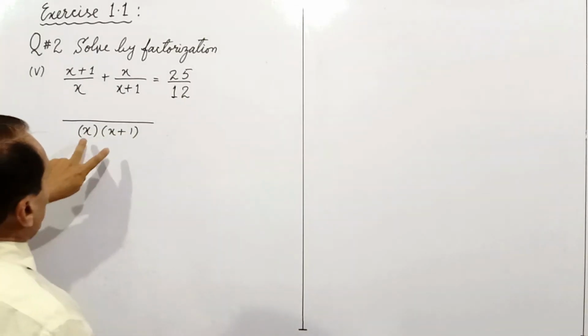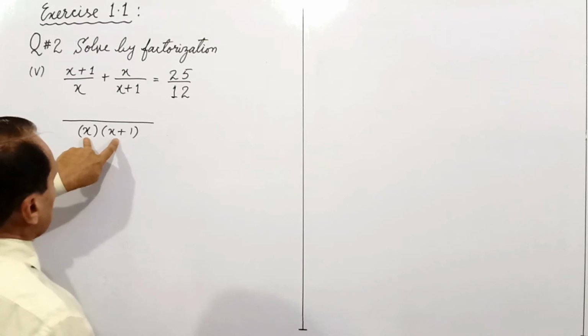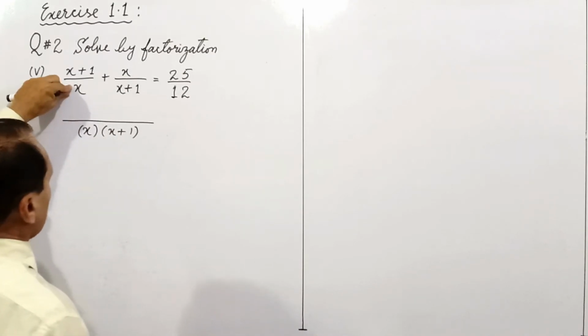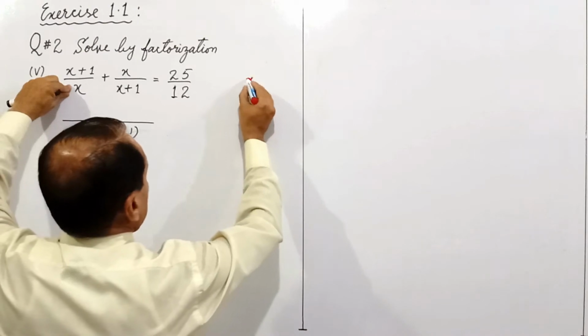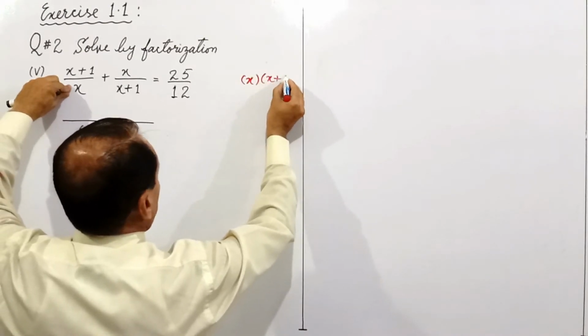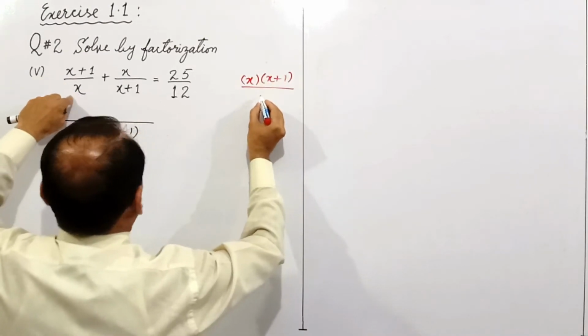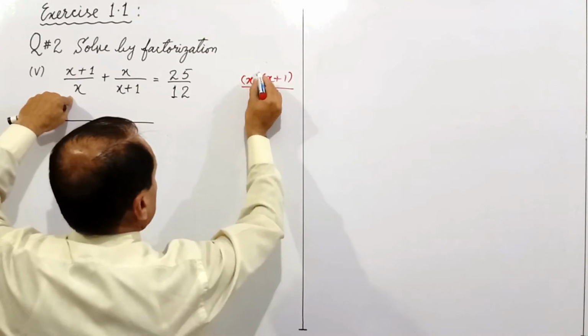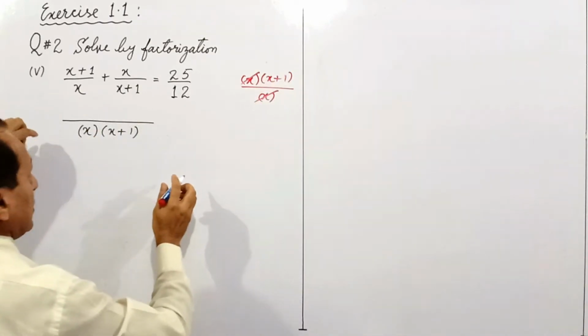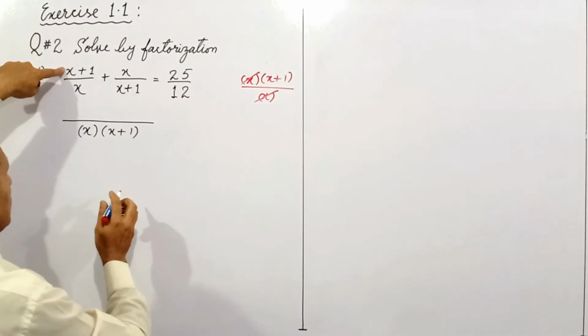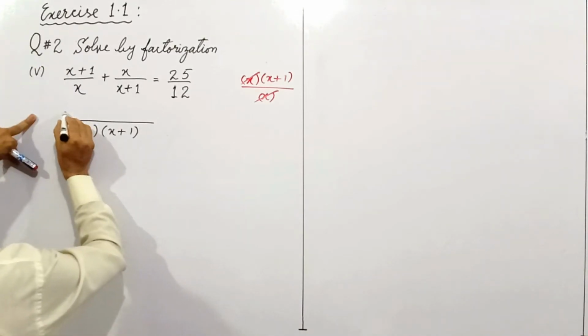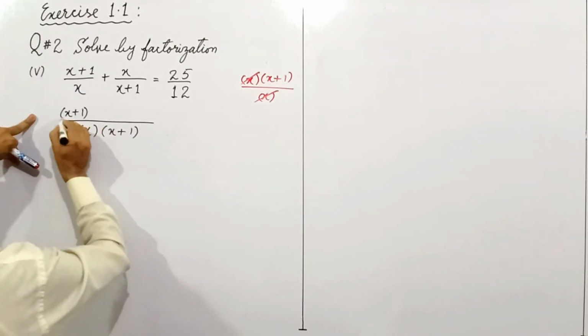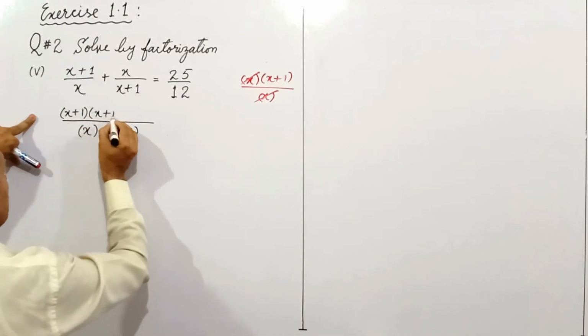As we know, in the process of LCM, we divide the LCM by the first denominator. In the first case, x into x plus 1 divided by x. So x is cancelled by x and x plus 1 is the quotient, which is multiplied to the first numerator. We have x plus 1 into x plus 1.